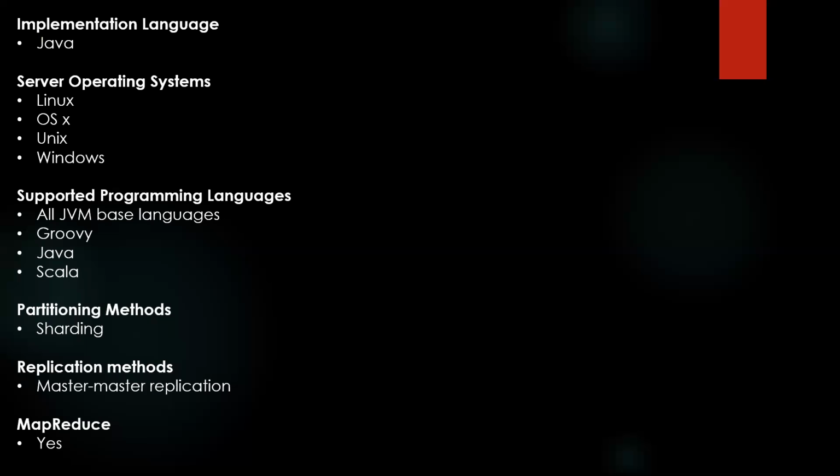This is a subproject of the Apache Hadoop project. And MapReduce, when coupled with the HDFS file system, is used to handle big data. It has extensive capability to handle unstructured data as well. That is the concept of MapReduce. So it is supporting unstructured data, semi-structured data, and structured data.